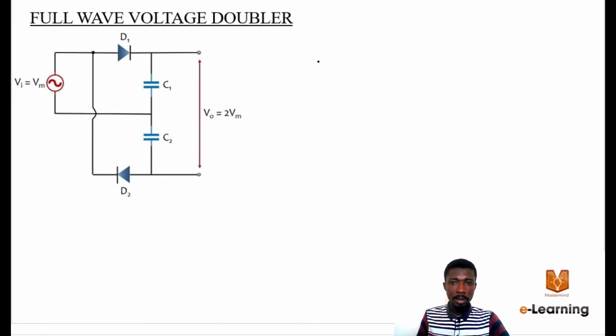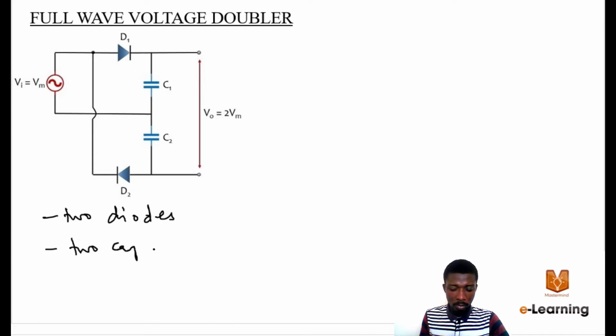Now let's look at the full wave voltage doubler. The full wave voltage doubler consists of 2 diodes, 2 capacitors, and an input AC source.